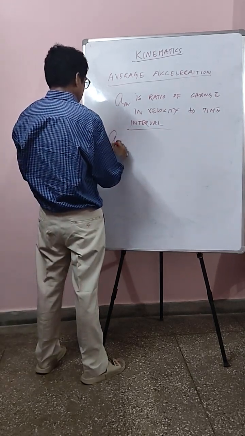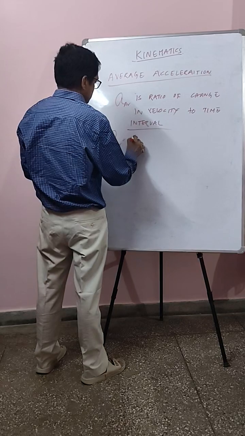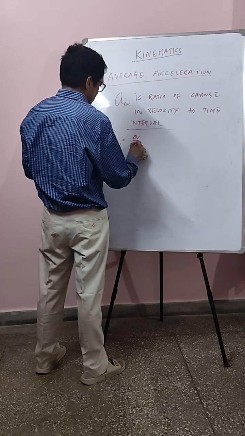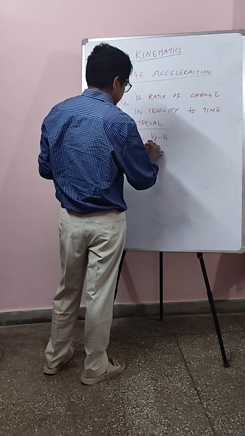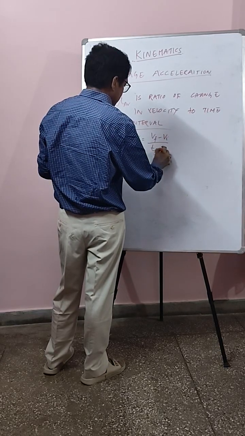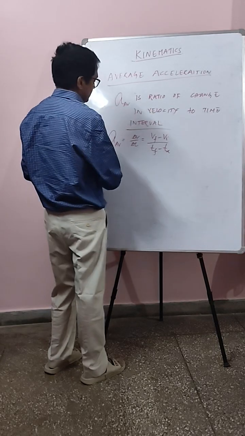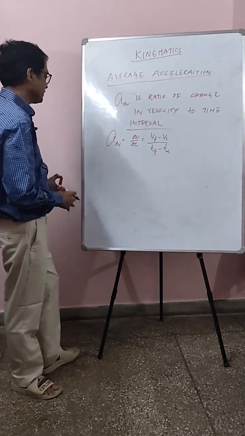So we can write a average equals delta v upon delta t, or Vf minus Vi upon tf minus ti. This is how we define average acceleration.